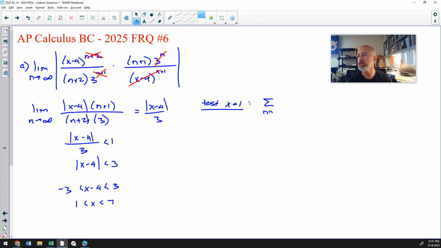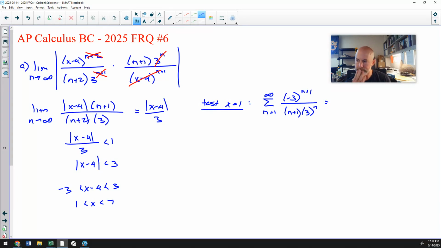The series, n equals 1 to infinity of, what am I plugging in? x equals 1, so that will be negative 3 to the n plus 1 all over n plus 1 times 3 to the n. No, it's not going to be that clean. Let's see. Wait, is that right? Yeah.